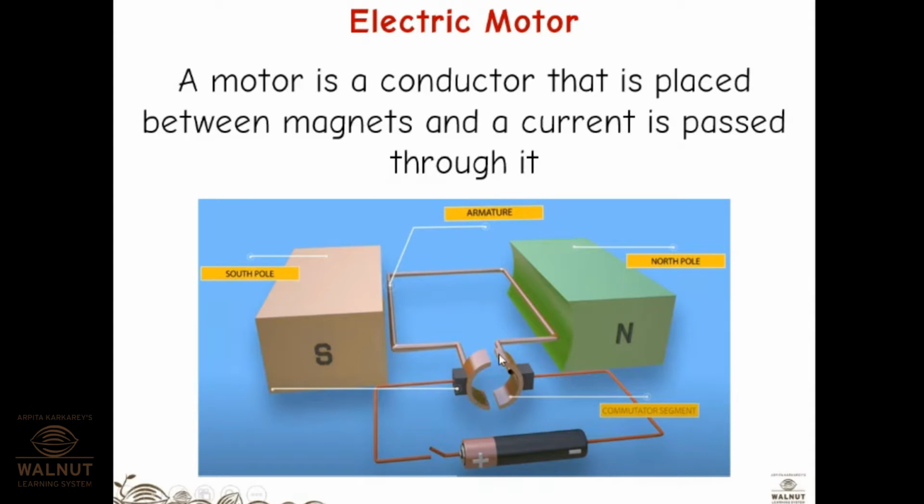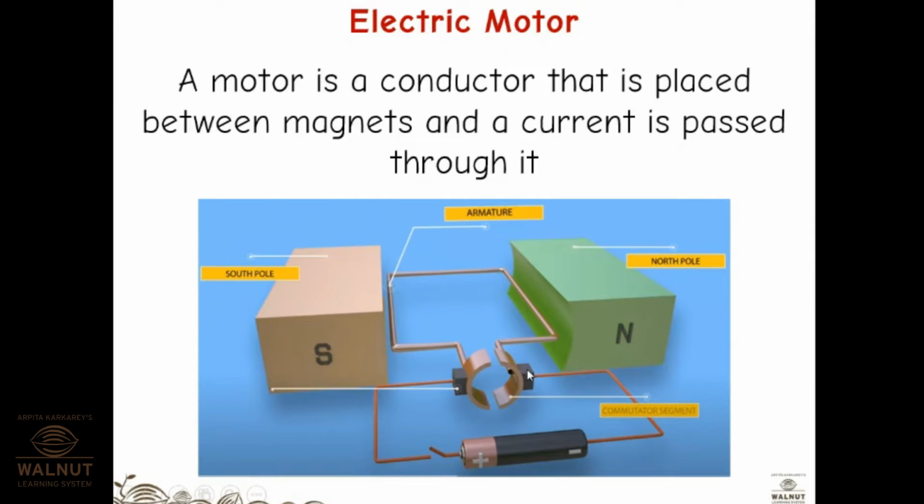This C-shaped structure that you are seeing is also known as commutators or split rings. Both the names are okay, they mean the same thing. The black cubical structures that you are seeing are known as brushes.